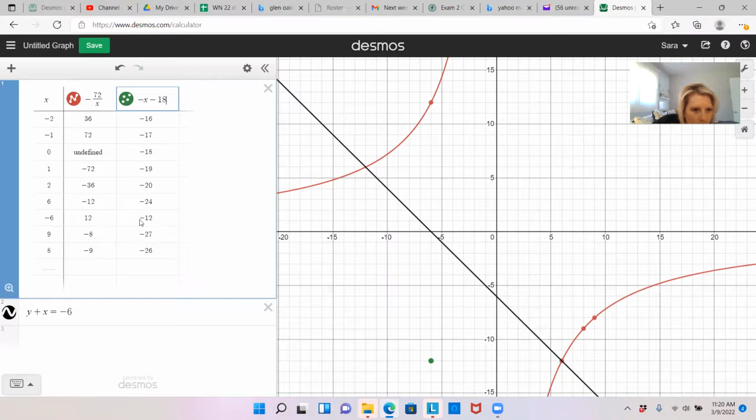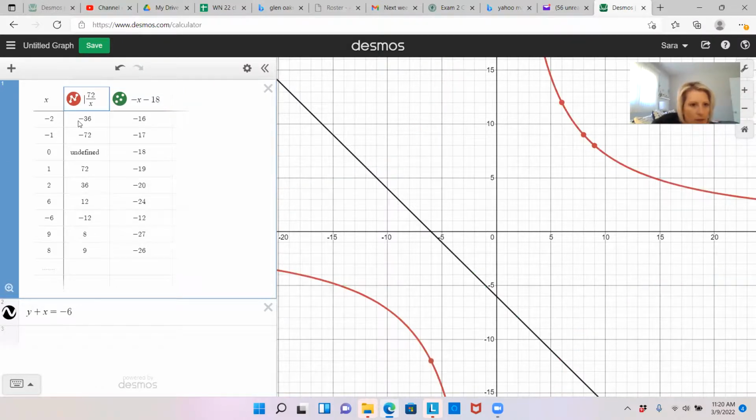So we want them to be the same. We're looking for where they're the same, not 12 and negative 12, but we need them to be exactly the same. Oh, instead of negative 72, we need to be positive 72. That will change things. So let's just see here. Where are they the same?